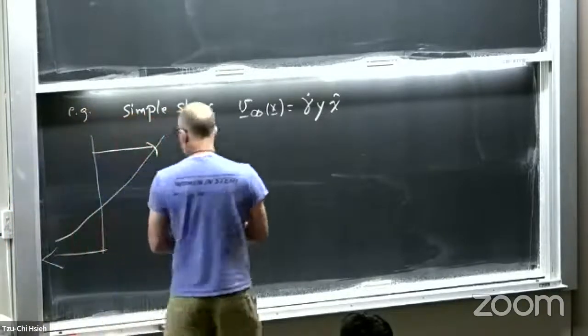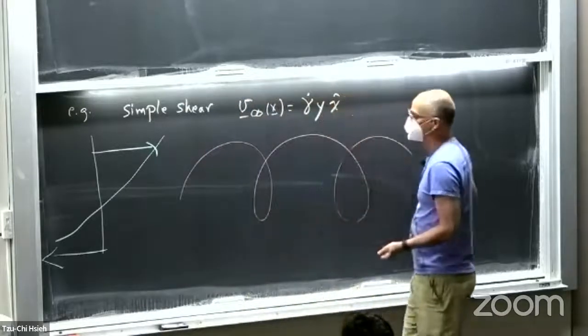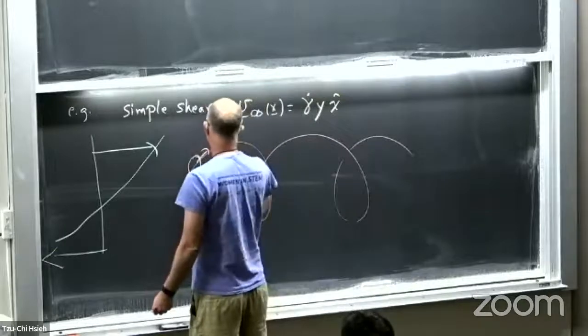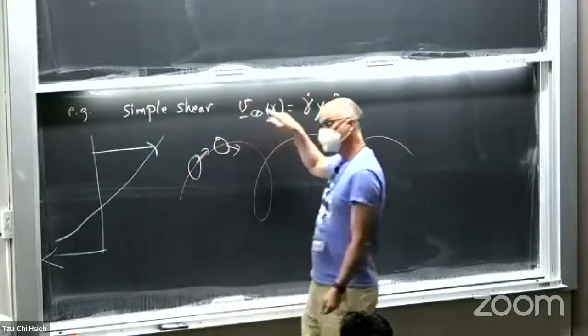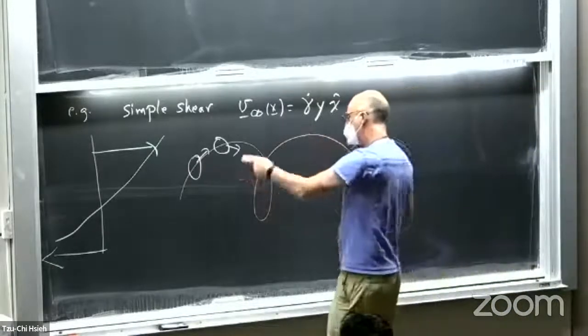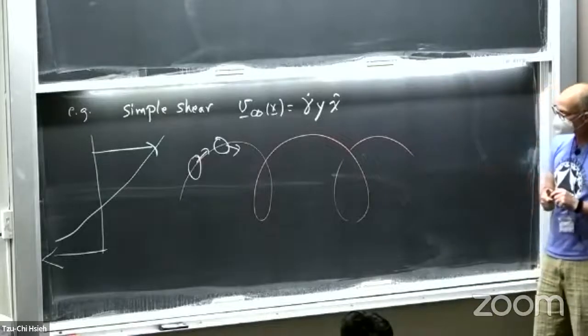And the swimmer makes a kind of a cycloidal path. And you can see that if the swimmer is going this way, it's going to tend to rotate because of the shear, and it's just going to keep rotating. It's going to rotate and go all the way around, and you can write this out and solve it.